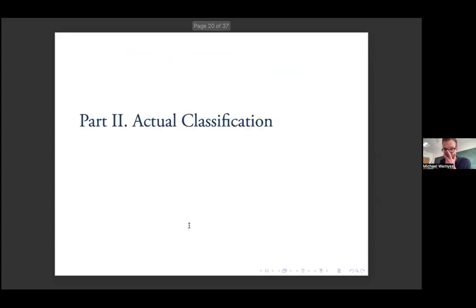Okay, and so let me pass to the actual classification then. We're interested in classifying flops, and the only thing we have to do now is understand what these contraction algebras are. That's it. If you understand what they are, then you win and you've classified 3-fold flops.